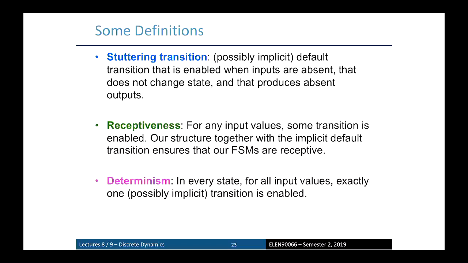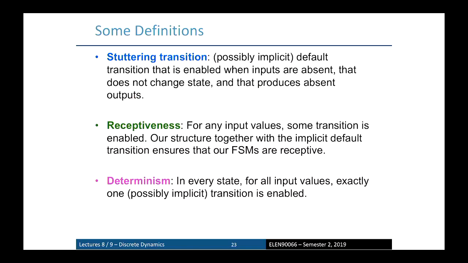So what's a stuttering transition? This is the default, if you like, explanation of it. I might turn it into some other words. It's a default transition that's enabled when inputs are absent, that does not change state, and that produces absent outputs.